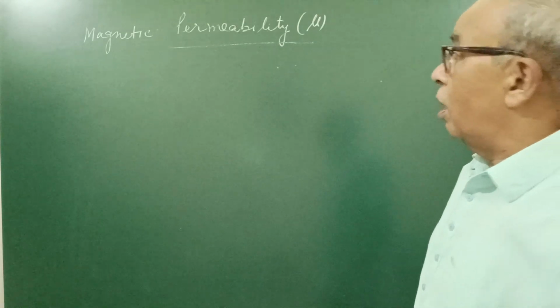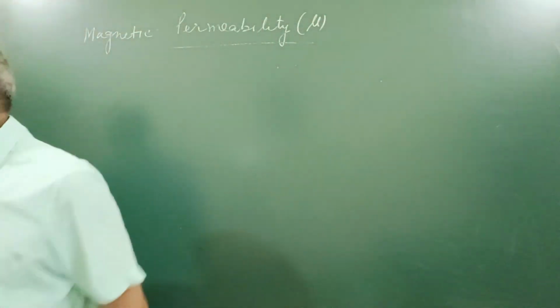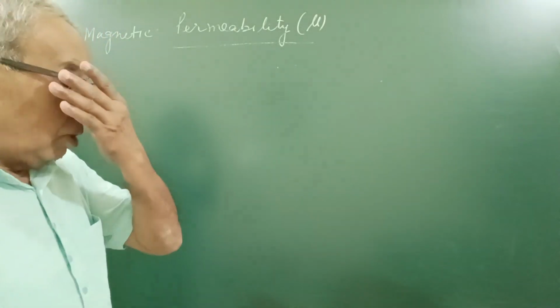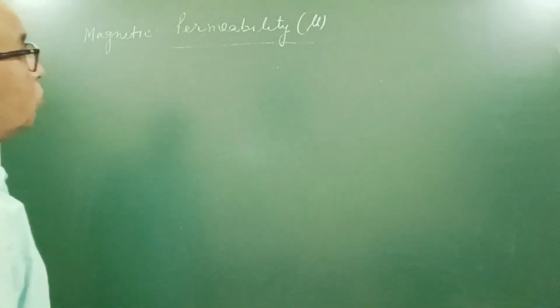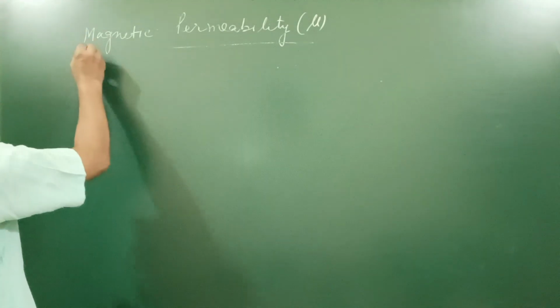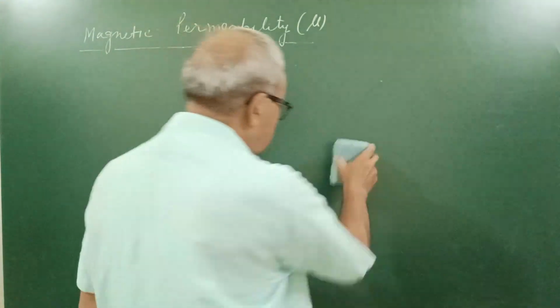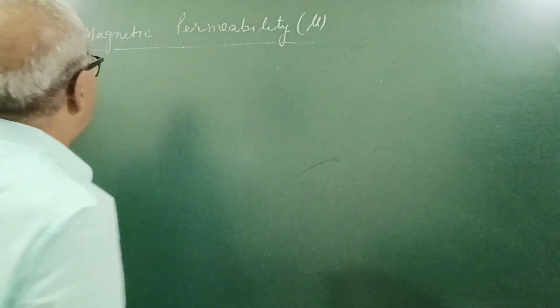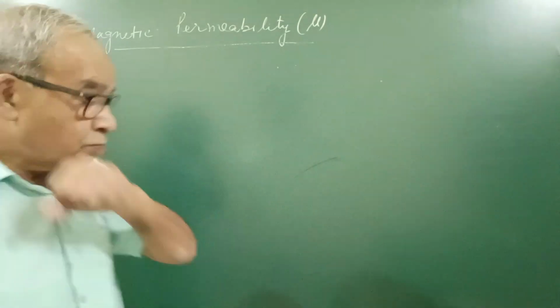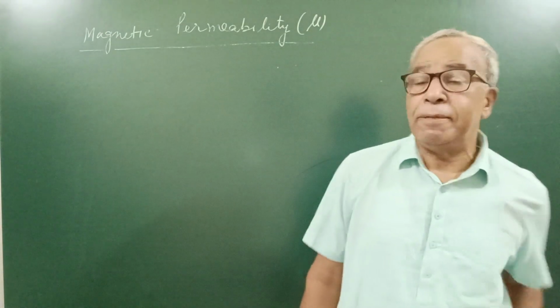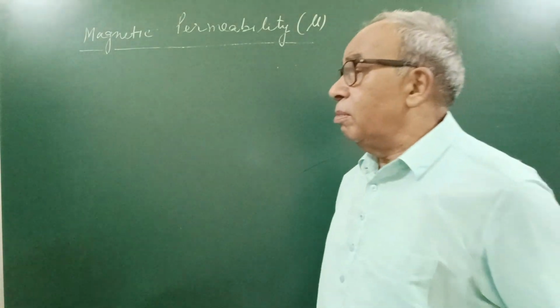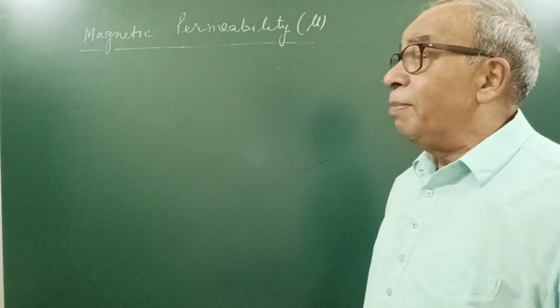Now in this video I will be telling some more terms about magnetism, which students generally miss, and they feel unable to understand many topics. So here is the term magnetic permeability. Permeability you might have learned in chemistry: semi-permeable membrane.